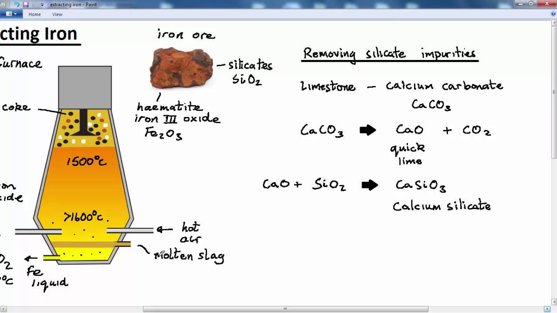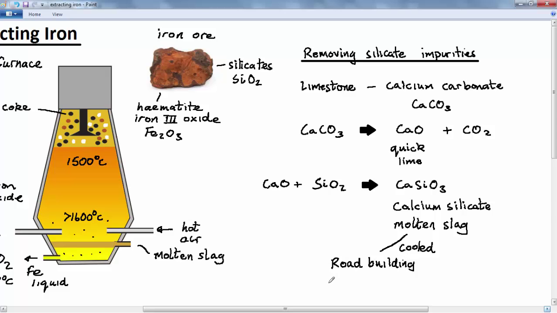So all of the sand and impurities in the molten iron are removed in the form of molten slag. That's calcium silicate. And this cooled slag is then used in the construction business, for example, for road building, and also, for example, for making fertilizers.